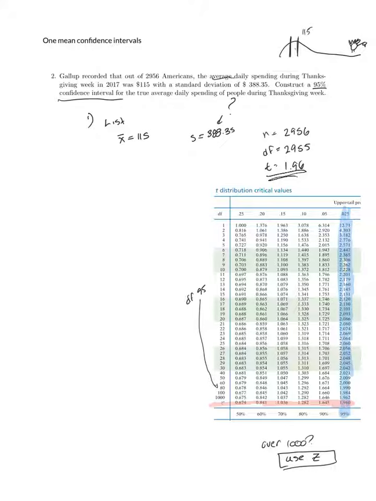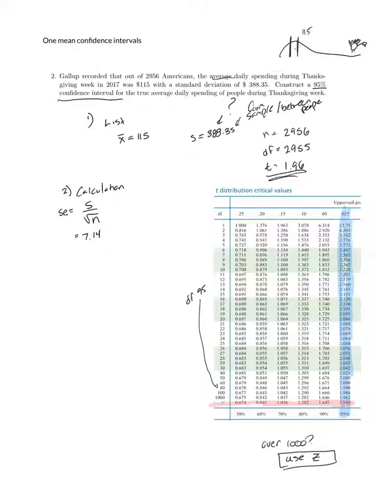Now that I have all this information, I'm going to start my second thing, which is my calculations. The only calculation I need to do is SE, which is s over root n. Keeping 2 decimal places, in this case, we're going to get 7.14. The difference between SE and the standard deviation I have up here is that this standard deviation is from my sample. That is, this is the standard deviation between people.